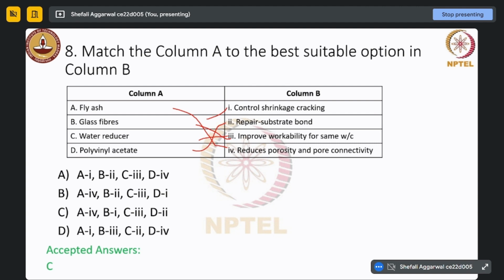Clear to everyone? Do you have any doubt in any option? Ma'am, how do glass fibers control shrinkage cracks? Glass fiber controls shrinkage cracking.